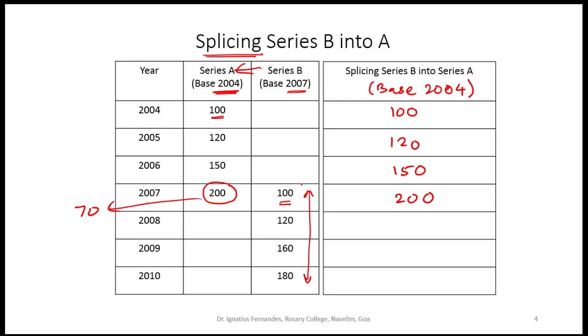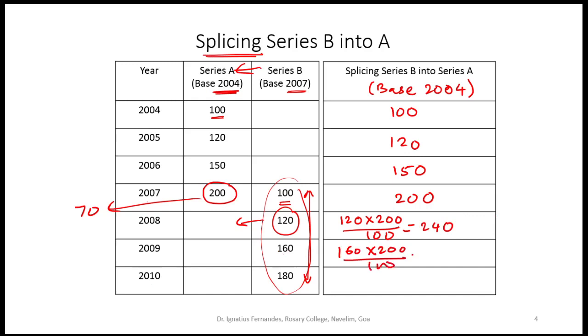So to convert these numbers into series A with base 2004, I have to just multiply 200 to each one of them. So 120 with base 2004 will be 120 multiplied by 200 divided by 100. That will be equal to 240. 160 will be into 200 divided by 100.